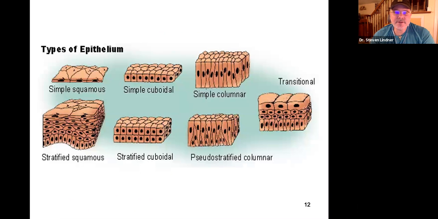Okay, so those are the pictures that go along with it. And one of the things that I want to point out to you is something that I mentioned in a previous lecture, which is epithelium is a bunch of cells that are packed closely together with very, very little extracellular matrix.